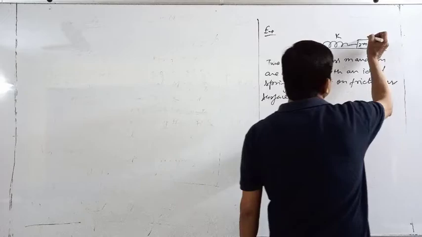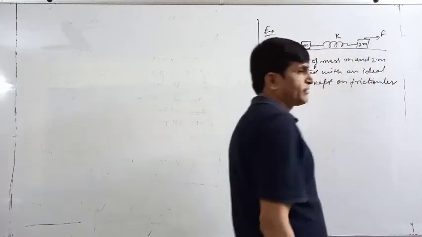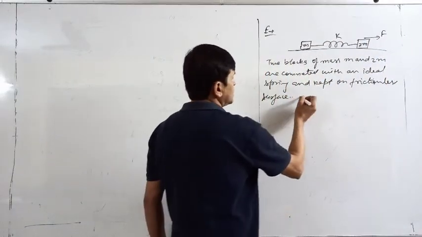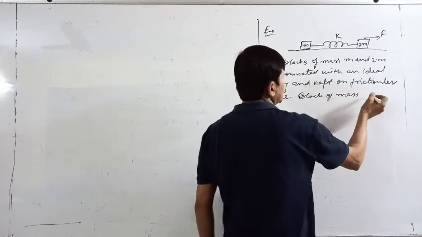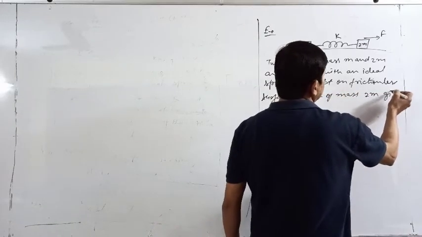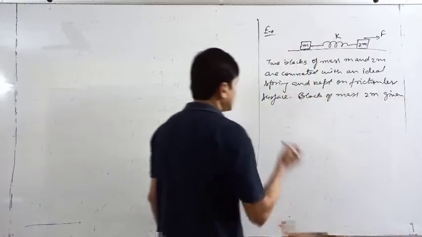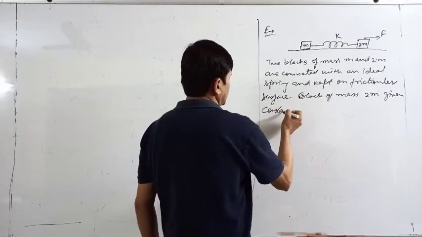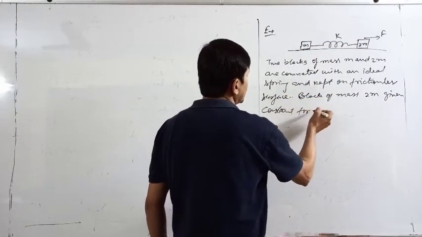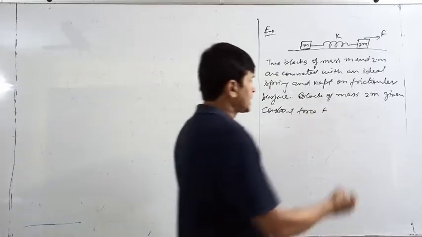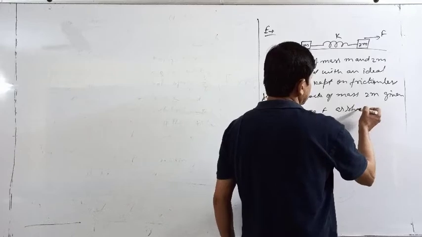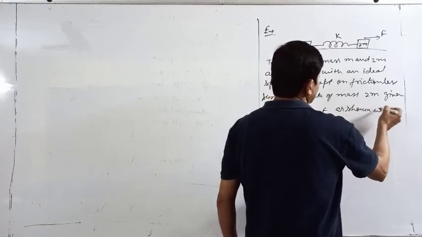The block of mass 2m is given a constant force F, as shown in the diagram.